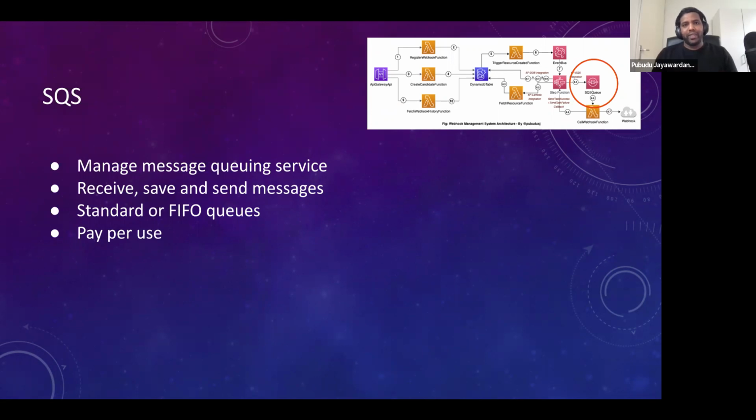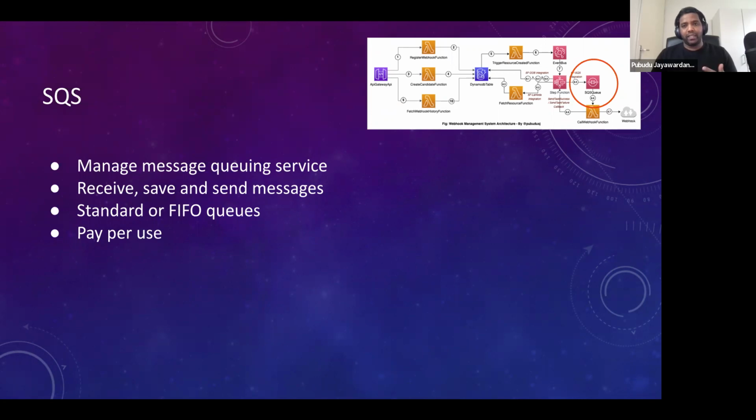On the other hand, FIFO queues guarantee message ordering, and they guarantee one-time processing as well. So it won't process several times. However, the disadvantage is it has very low throughput compared to the standard queues.